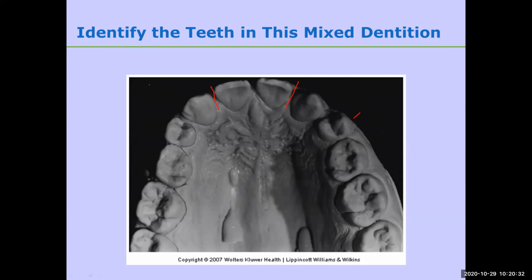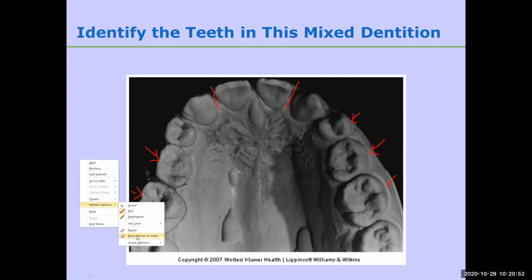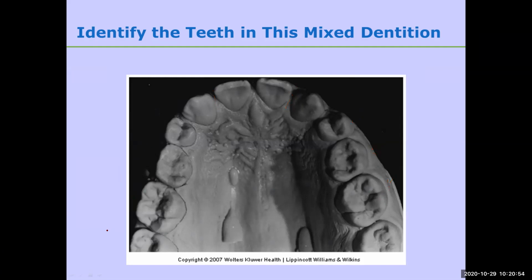This is a premolar. This is a deciduous molar that looks very much like the permanent first molar. Second deciduous molar looks very much like the permanent first. So you can see how it can be confusing. But once you see mouth after mouth after mouth, you're going to be able to pick this up.